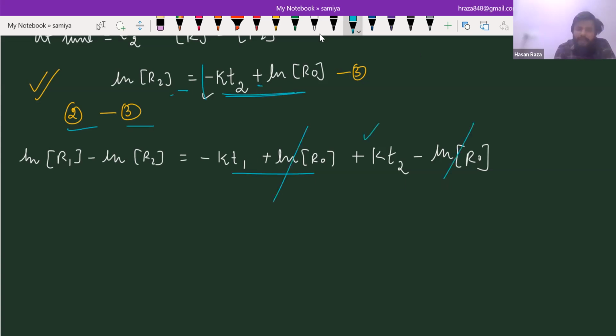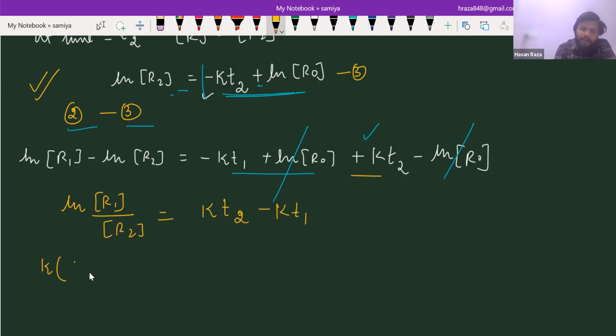So this ln R0 will be cancelled, and again we can write, since log a minus log b, ln R1 upon R2 will be equal to, you can see this is positive, so I am going to write it k t2 minus k t1. I can take k common, and it will be t2 minus t1. That will be equal to ln R1 upon R2.